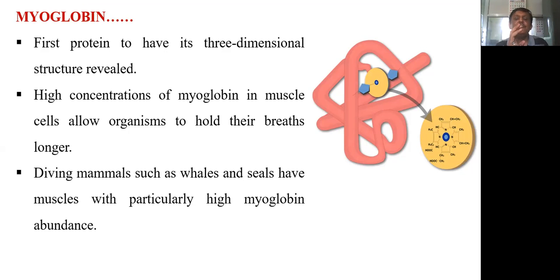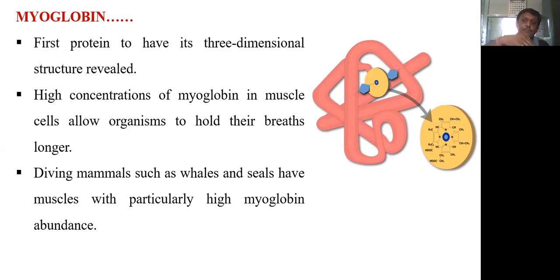That means they take in oxygen. The oxygen which is taken inside the body diffuses into the blood and is carried up to the muscles. In the muscles, the myoglobin then holds this oxygen for a longer time, and after that the animal dives again into the water.